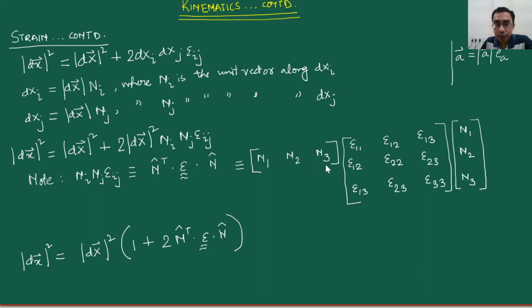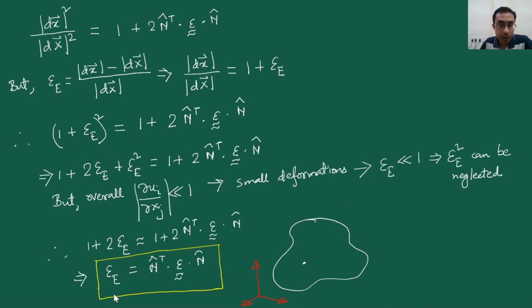Then you just do this entire multiplication, and you will end up with a single value. This is a second order tensor, this is a vector, but ultimately when you finish the calculation, you will end up with a single value, and that is the value of the engineering strain. So the engineering strain is the strain along a particular direction given a certain displacement field in the three-dimensional body. That is all there is to it.